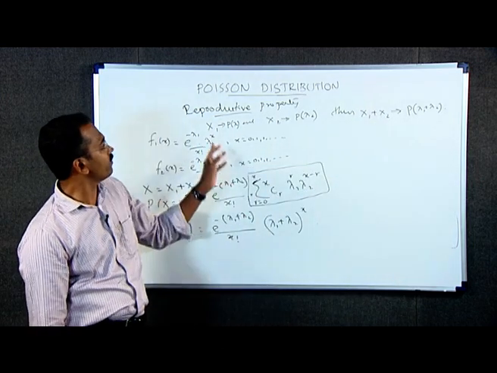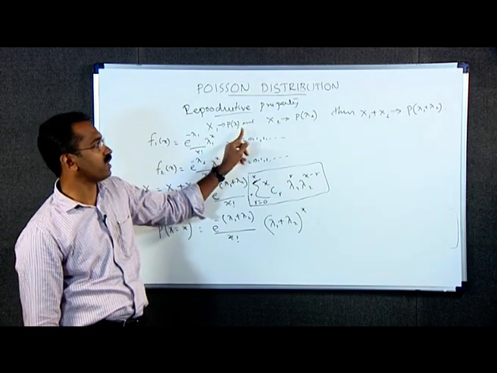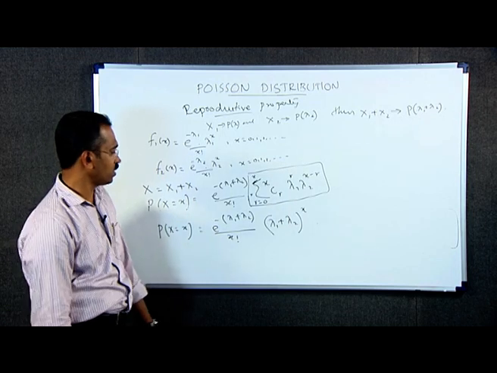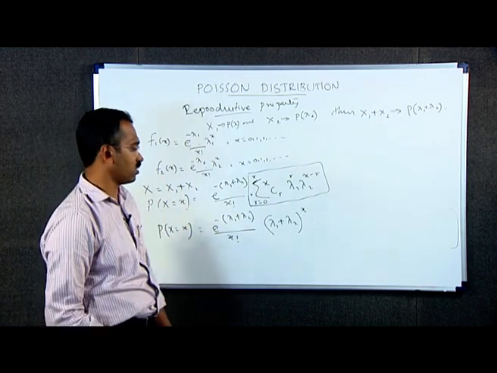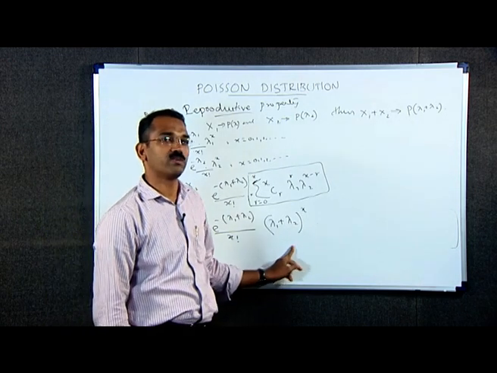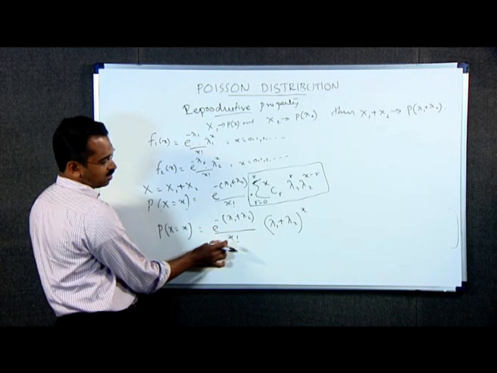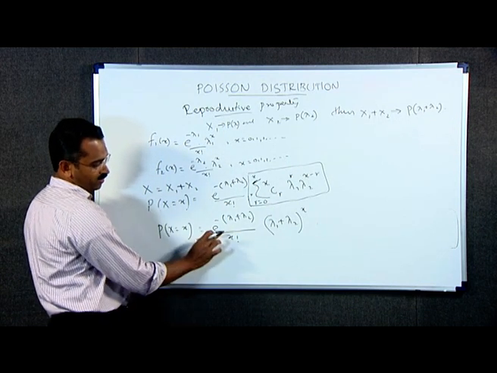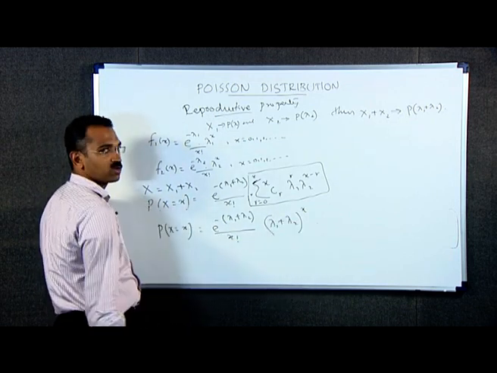That is, if x 1 follows a Poisson distribution with parameter lambda 1 and x 2 follows Poisson distribution with parameter lambda 2, then x 1 plus x 2 follows a Poisson distribution with parameter lambda 1 plus lambda 2, because this is in the format of the PMF of Poisson distribution, e raised to minus lambda, lambda raised to x divided by x factorial.